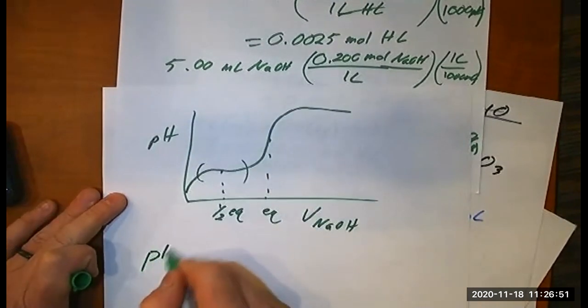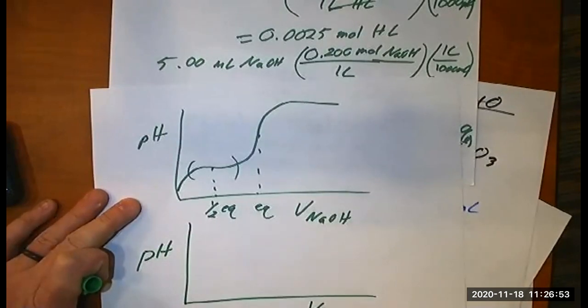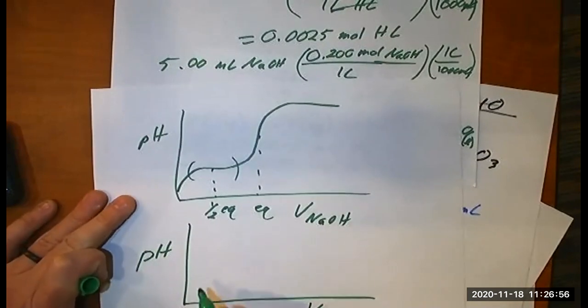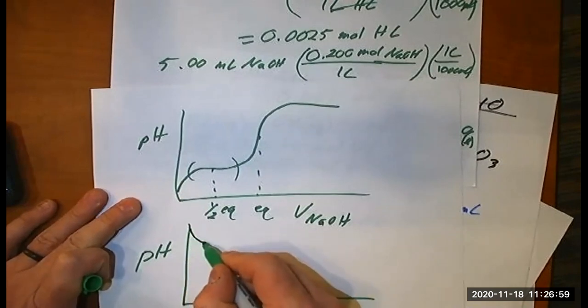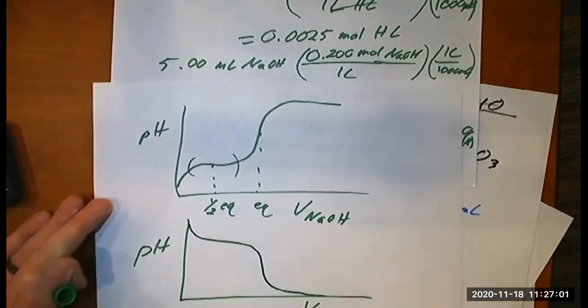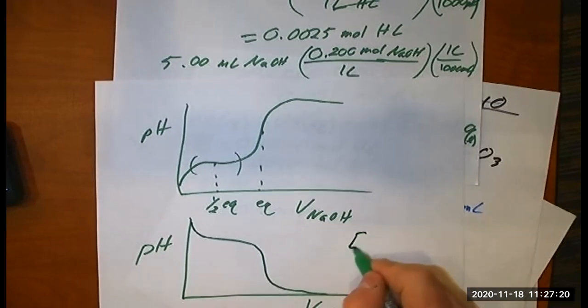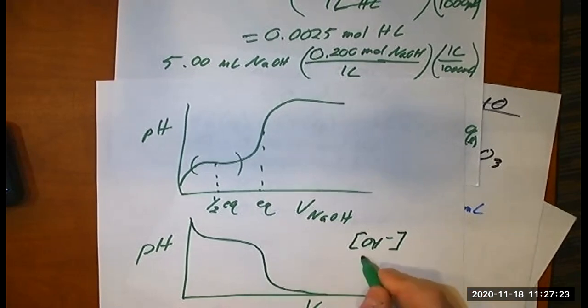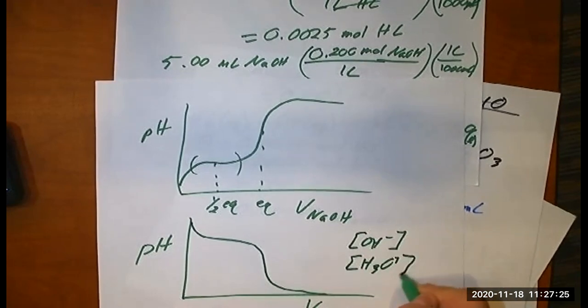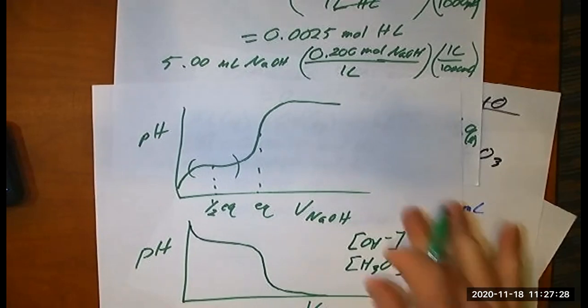You could imagine me asking you to do volume of HCl that's being added to a weak base, which would give you a titration curve that would look something like this. The concepts are all identical. There's nothing different about what you do. All you are having to do in this kind of situation is make sure you're tracking, am I talking about OH minus or am I talking about H3O plus? And you ought to be paying attention to that question anyway.